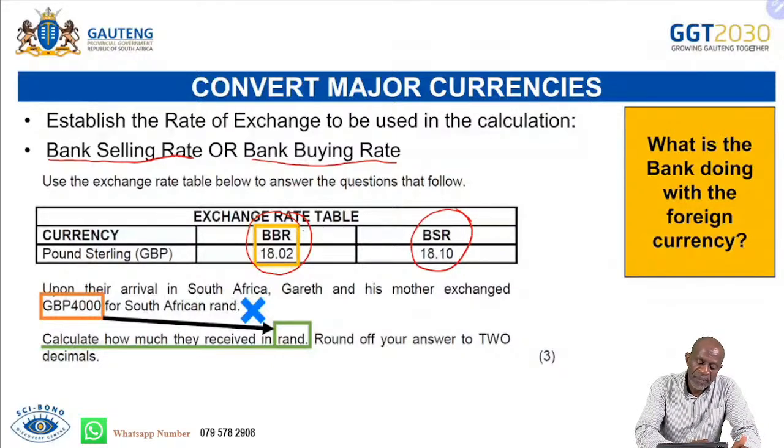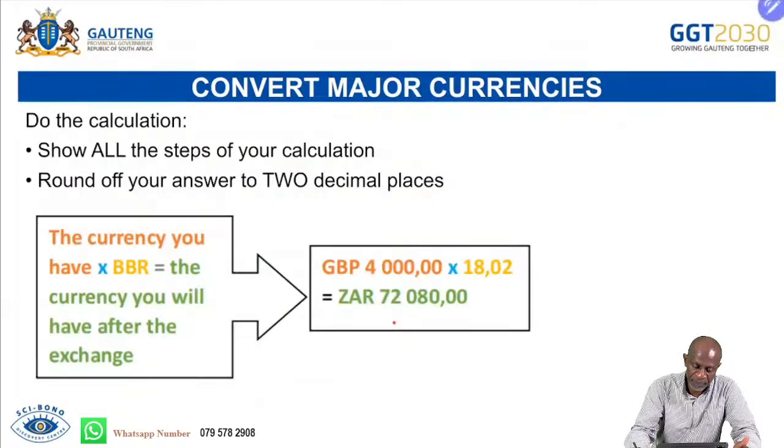So in this scenario, because the bank buys foreign currencies from Gareth and his mother, they will use this cheaper rate, which is the bank buying rate. And if you multiply this by 1802, this will be your answer.